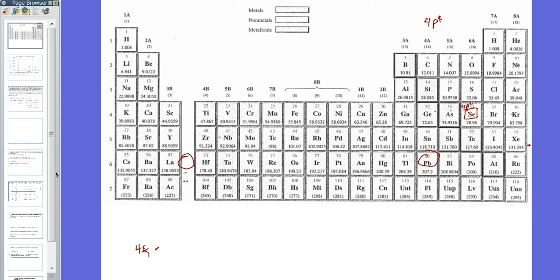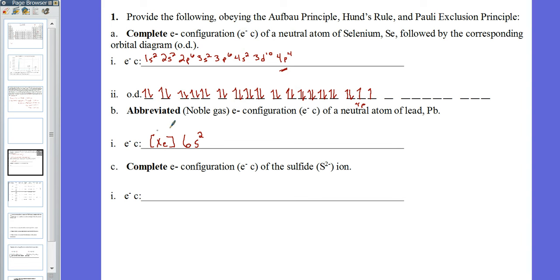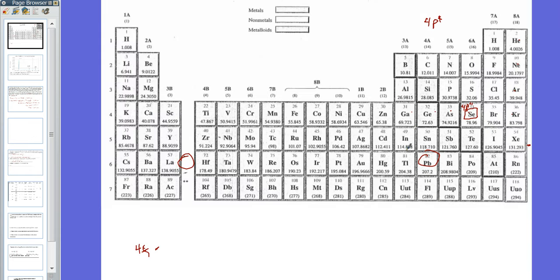So when you write that in, you have 6s2, 4f14, then 5d10, then you're back to 6p, and then you just see which one lead is, and it's the second one. See, this is a first, so this is 6p2.